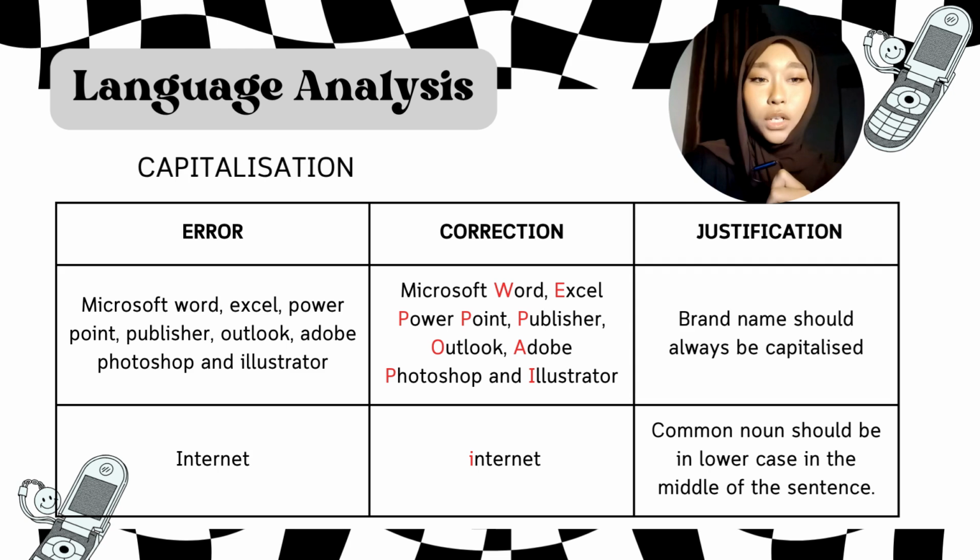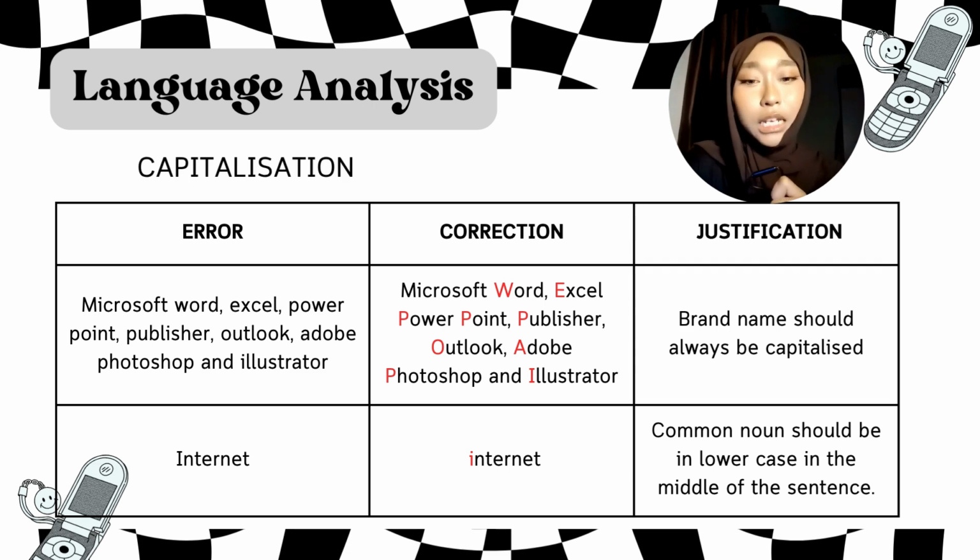When it comes to proper nouns, they should be capitalized. While for the second one, I changed from Internet into a lowercase i because internet is a common noun instead of a proper noun. So when it is in the middle of the sentence, it should be lowercase instead of capitalized.